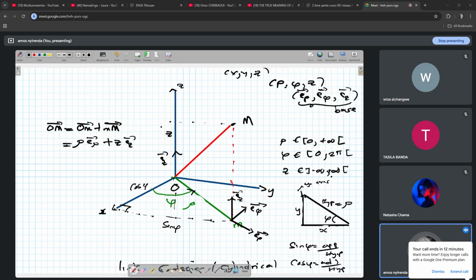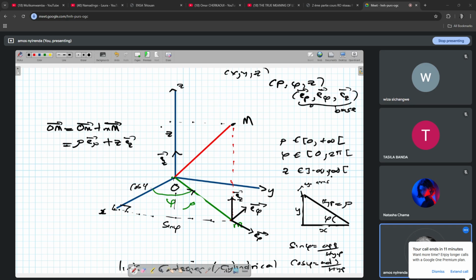We'll look at the spherical coordinate system a little later, because most of the questions are going to be about the cylindrical and Cartesian coordinate systems. When we find a question on the spherical coordinate system, we'll look at it, because we're a bit late, so we have to move a little bit faster so that we can cover many things at the end of the day.